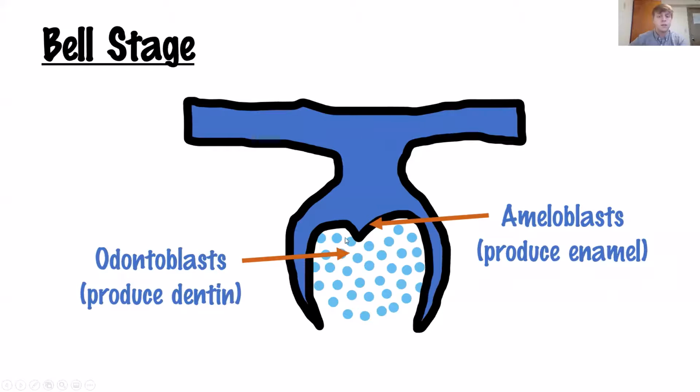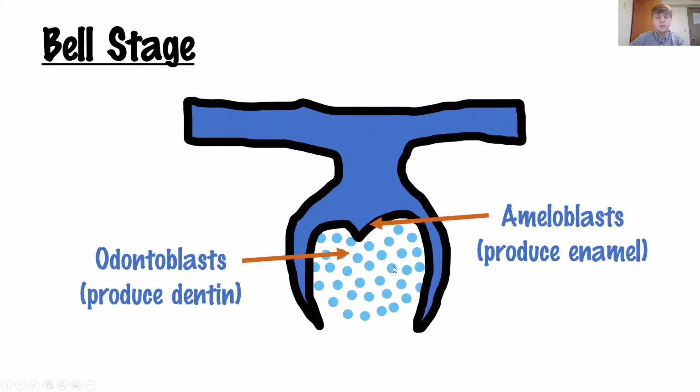The enamel organ continues to grow and assumes a bell shape. The inner enamel epithelial cells will differentiate and become what's known as ameloblasts, and this will eventually form the enamel of the tooth. The dental papilla cells differentiate to become odontoblasts, which will form the dentin.